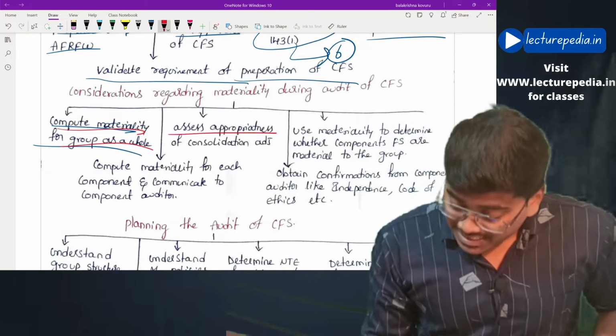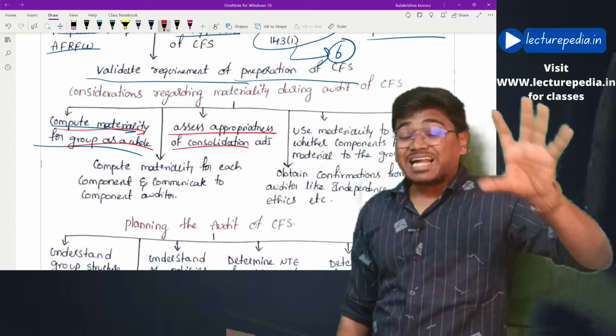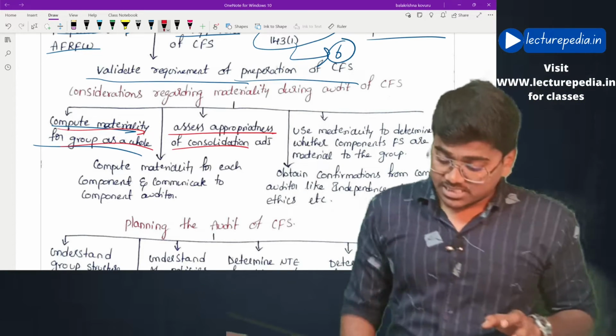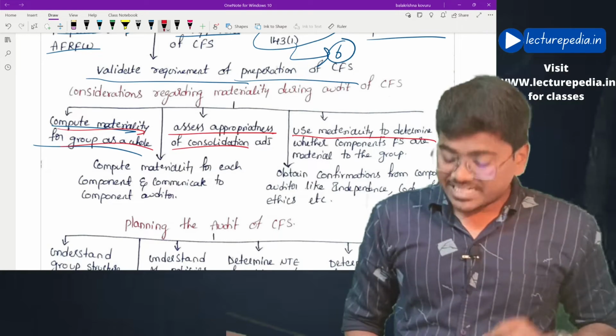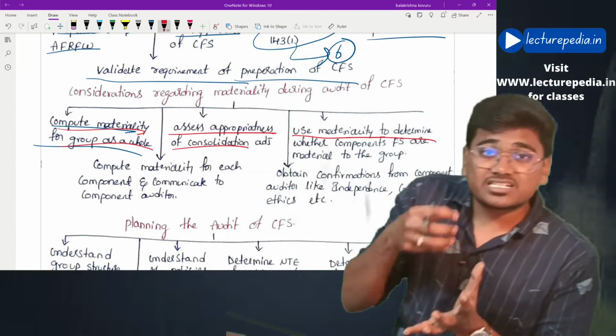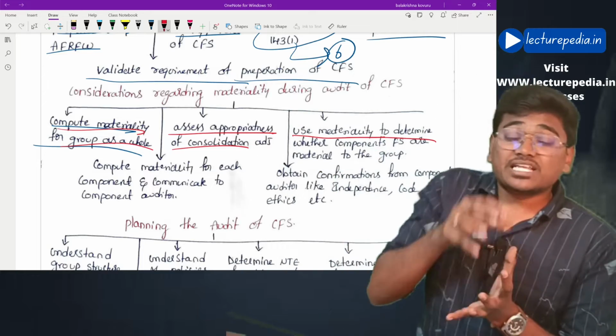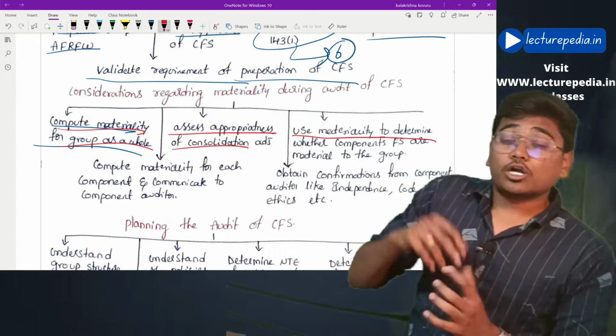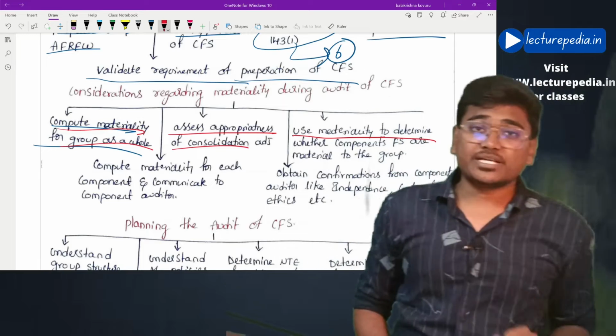After that, the auditor has to assess whether the consolidation adjustments that have been made by the entity are appropriate or not. Next, the auditor has to use this materiality to determine whether the component that has been included in the consolidated financial statement is material for the entity or not. For the entire group, whether that component is material or not based on the materiality that has been decided by the auditor.